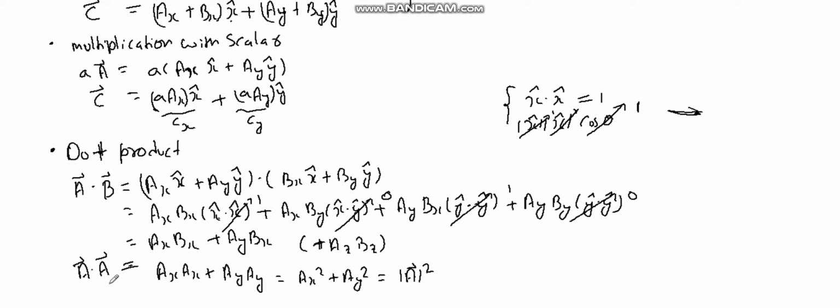So the dot product of a vector with itself gives the square of the magnitude of that vector.